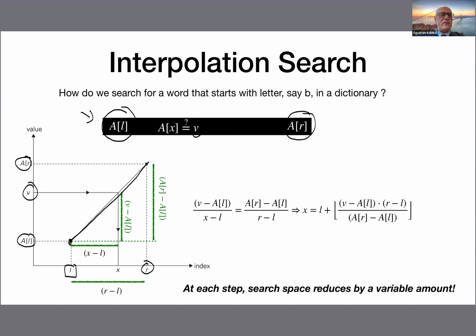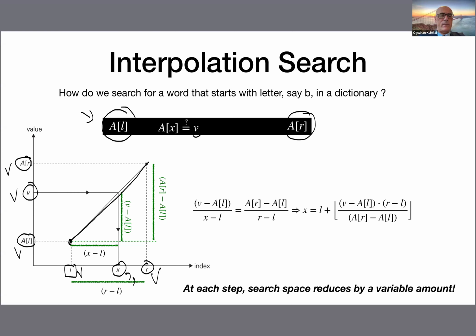And if I make this assumption, then I would like to find position X, because in my binary search procedure, instead of going to that middle element, I will go to position X. I know L, I know R, I know AL, I know AR, I'm given V, but I don't know what X is. I'm trying to guess it.